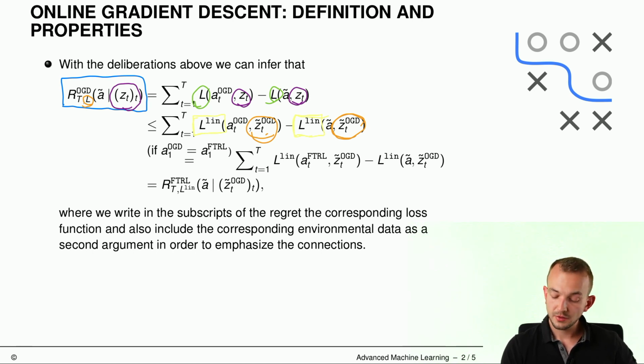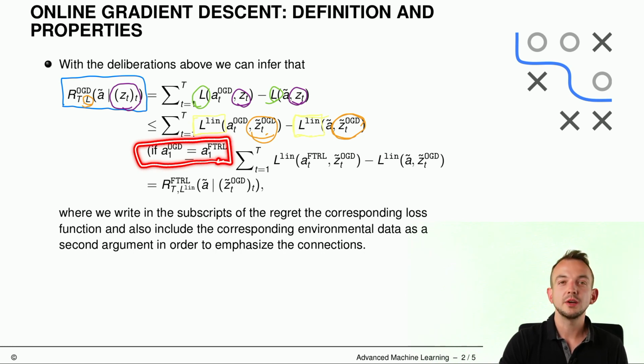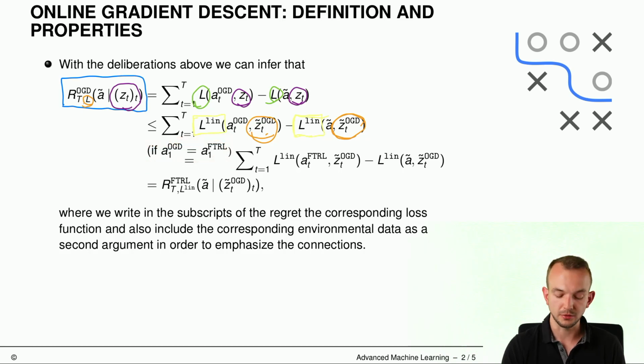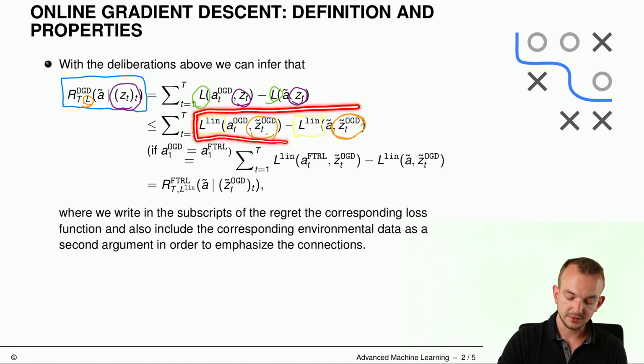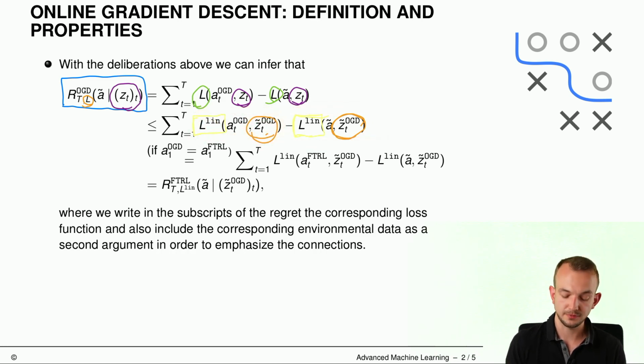And now, when we assume that the first action used by the online gradient descent is the same as the one chosen by the follow the regularized leader algorithm, which is tackling more or less this online linear optimization problem, with these kind of environmental data points and a linear loss function, then we can make the substitution, as we saw on the previous slide, that these actions here can be substituted by the actions of the follow the regularized leader algorithm.